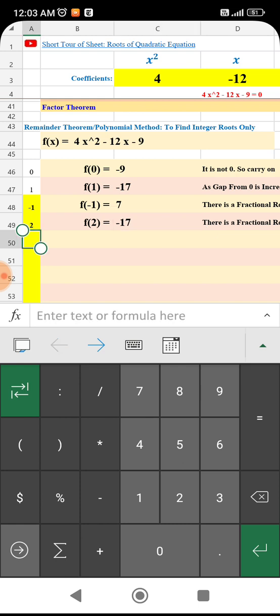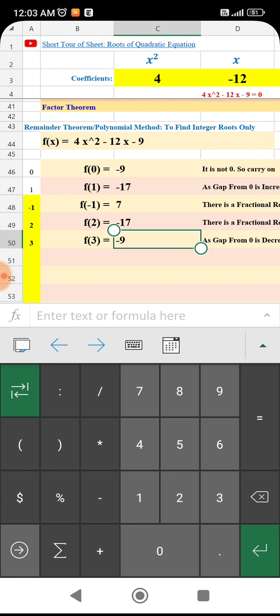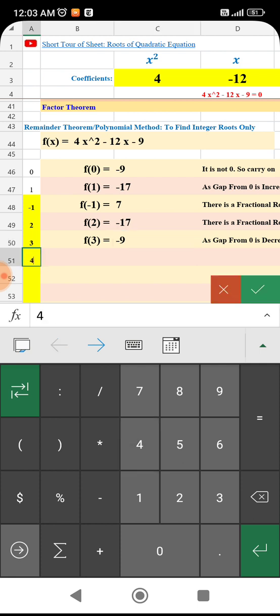We put the value 3 here. Look, f of 3 is -9 once again. That means the gap is closing once again. So we have to go to 4.